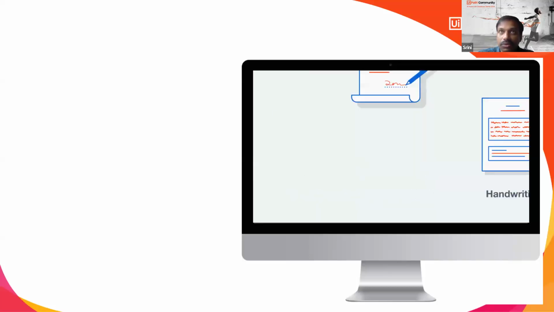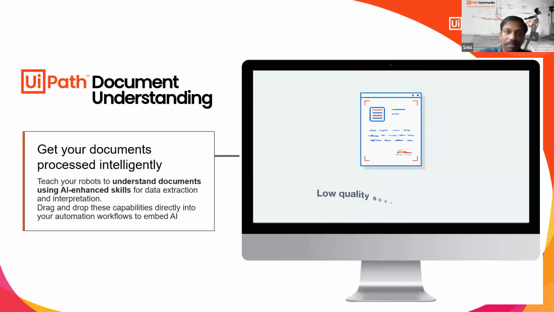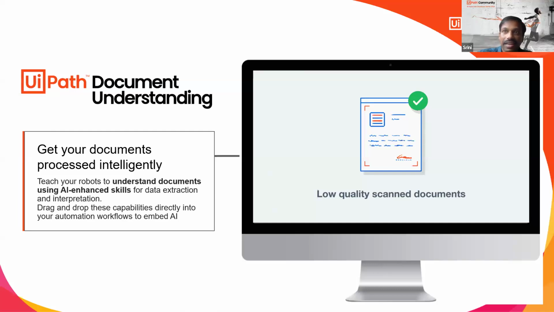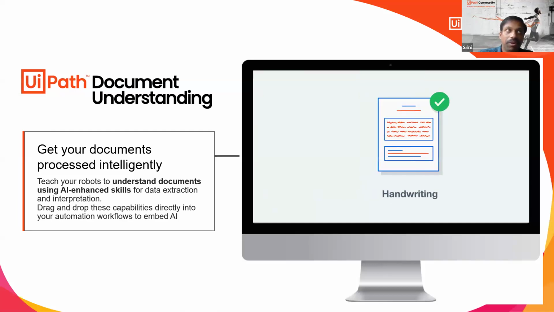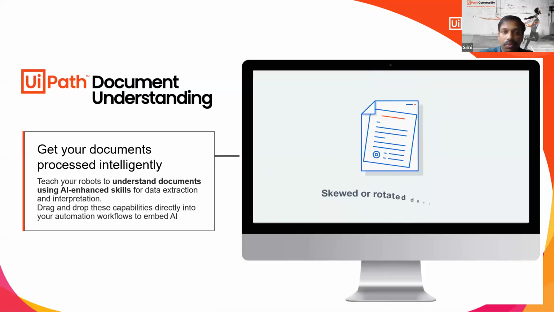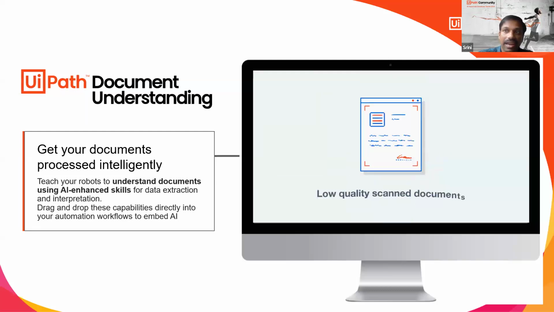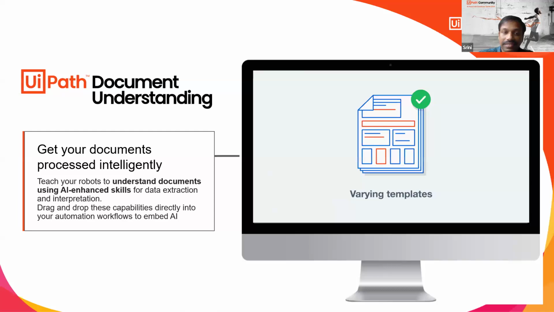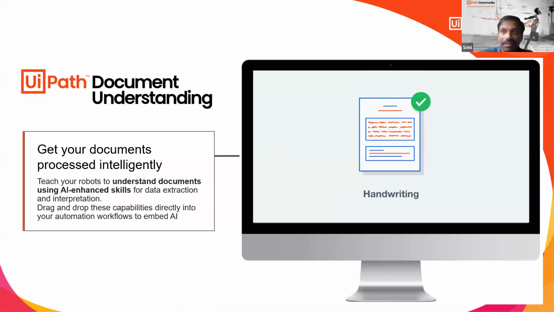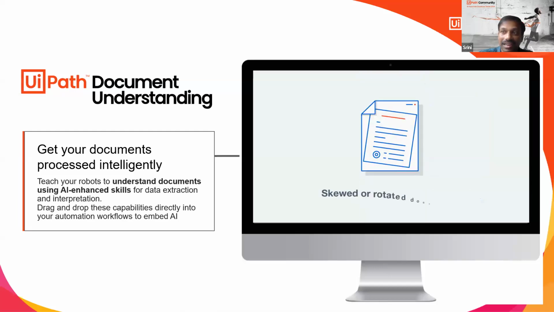This is very challenging for enterprises, right? That's where UiPath has come up with document understanding as a product. We are training the robots to understand documents with AI-enhanced skills for extraction and interpretation, and this can happen with drag and drop functionalities only.